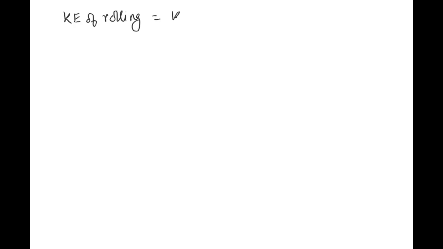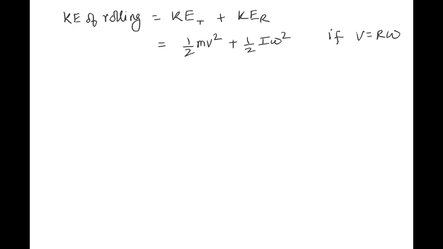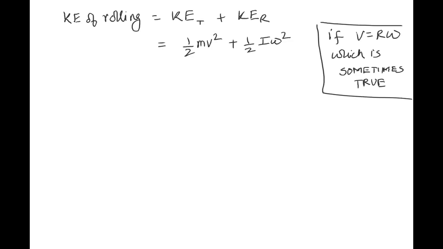Okay, I told you that kinetic energy of rolling is kinetic energy of translation plus kinetic energy of rotation, which is equal to half mv square plus half I omega square. But if v is equal to r omega, which is sometimes true, you just have to confirm whether v is equal to r omega or not.